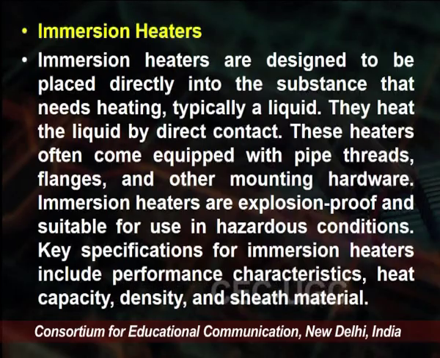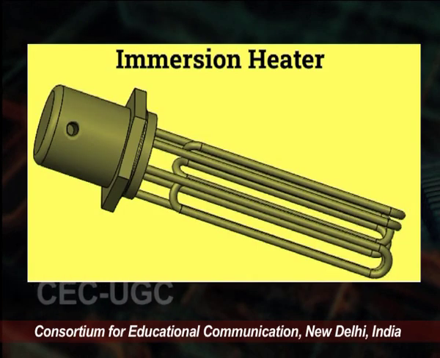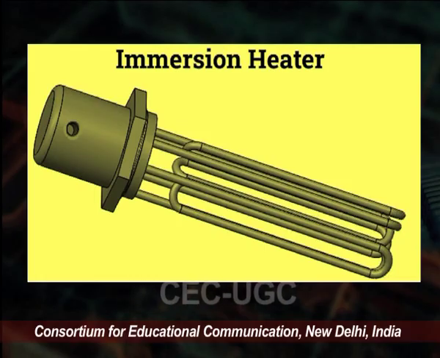Immersion heaters are explosion proof and suitable for use in hazardous conditions. The key specifications for immersion heaters include performance characteristics, heat capacity, density and sheath material. So you see on the screen, this is an immersion heater. Generally you see that these are used as a hot plate.